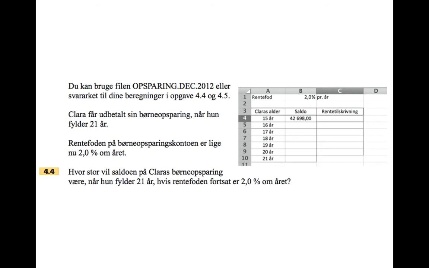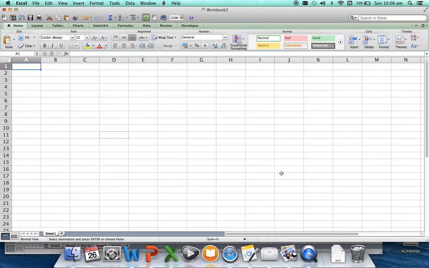So I'm going to go into Excel and show you how you can do that on a spreadsheet. So here I am in Excel, and first of all I'm just going to type in the basic information in the same way that it is on the answer sheet.